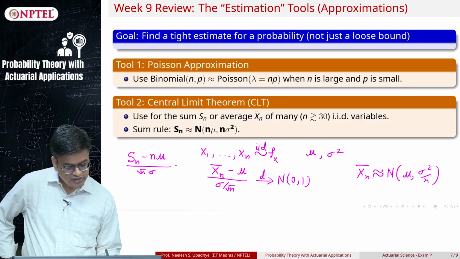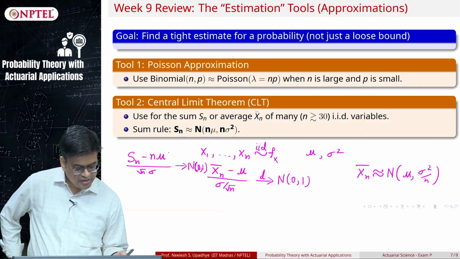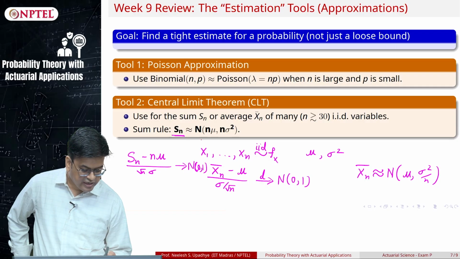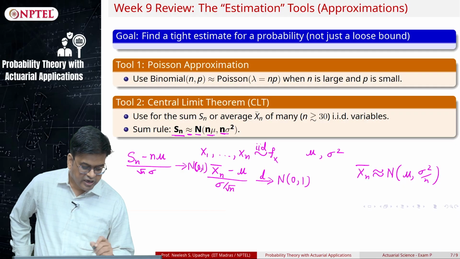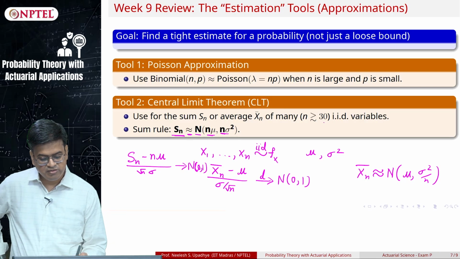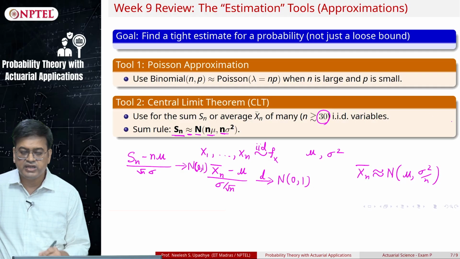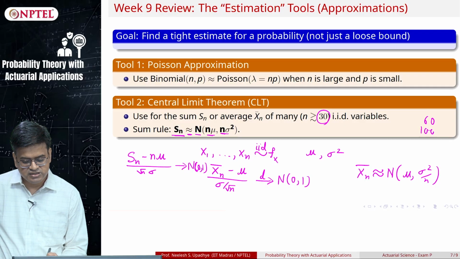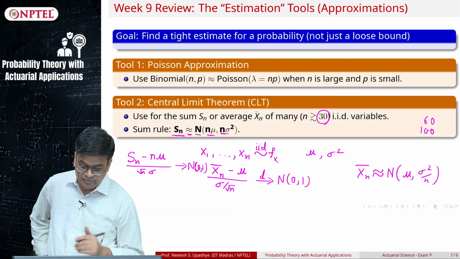So this will converge to a standard normal random variable, and that is what I mean when I approximate this Sn: I will have Sn which is approximately normally distributed with mean n mu and variance n sigma square, and this approximation is roughly applicable for n about 30. If the distributions are very skewed, only one sided, then you may go to 60 or 100 iterations to get better approximations. So that was our tool 2.